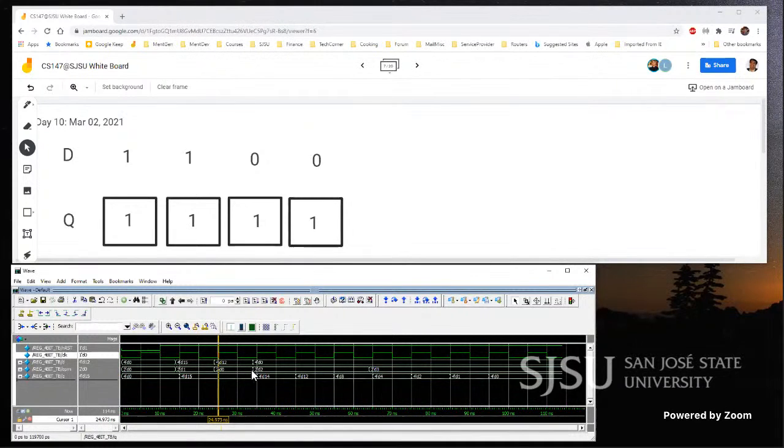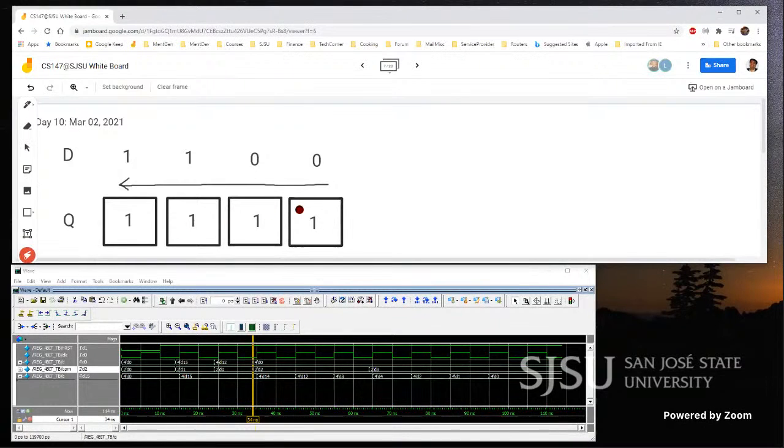And then at this time point, we made it a left shift. Left shift means it's basically shifting in this direction. And as our code convention, your Q0 will follow D0. So what does it mean?